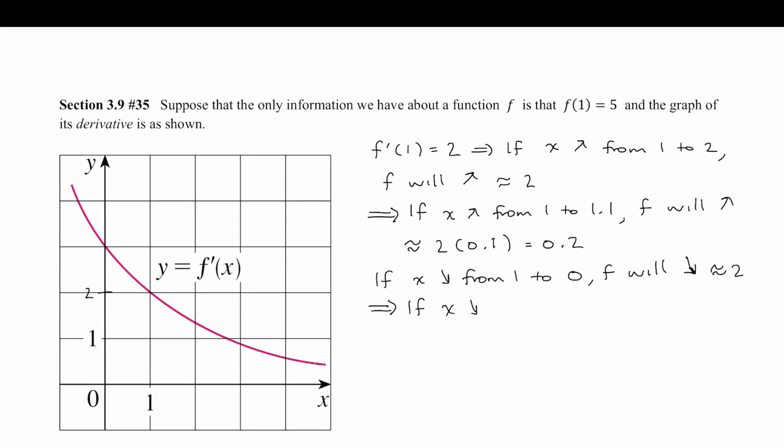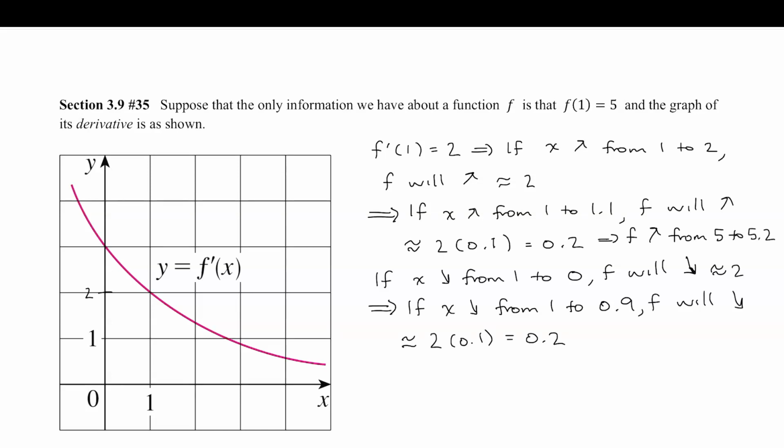If we go in the other direction, decreasing x by 1, then the change is the negative of that. So instead of increasing by 2, we expect f to go down by about 2, which again means if x decreases from 1 to 0.9, then f is going to decrease by about 1/10 of 2, or 0.2.